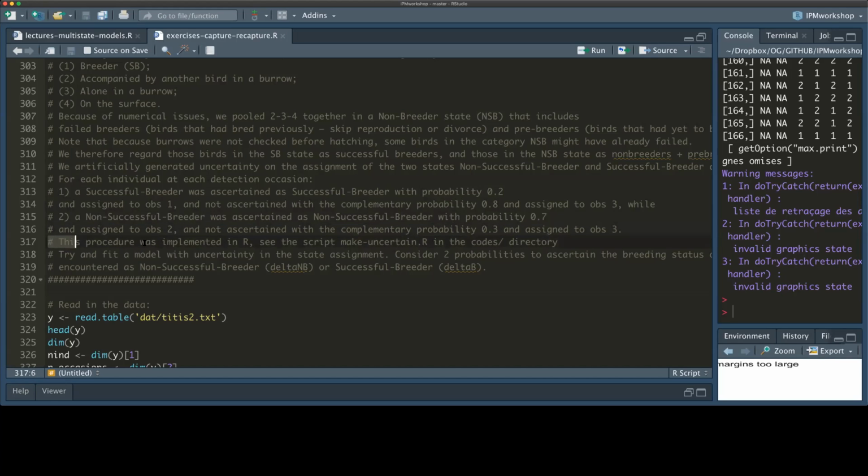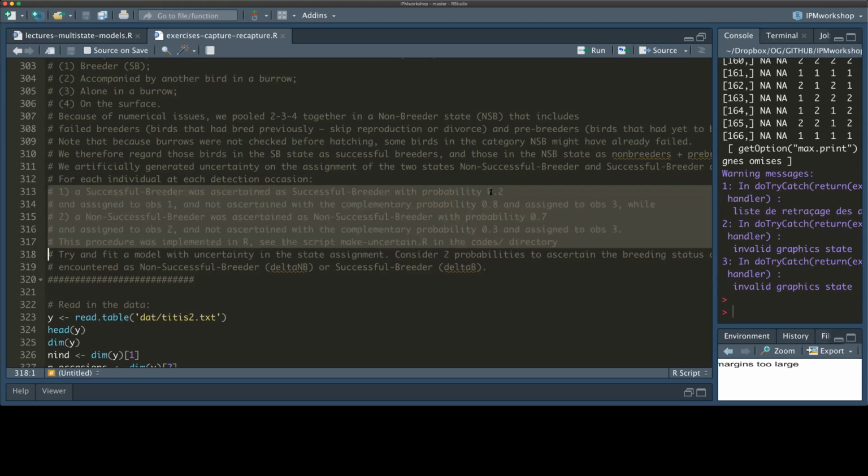And you have the code to do that. It's just for you to see how I did it. The script make uncertain.r, where I just go through the multi-state data set, and for each individual and at each occasion, I decide whether I assign the state or not using these probabilities here.